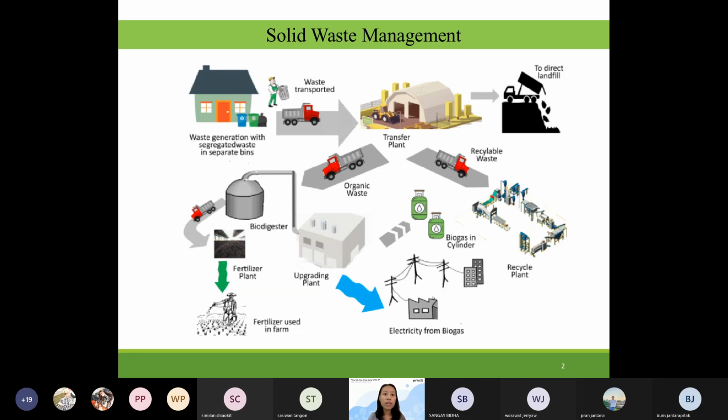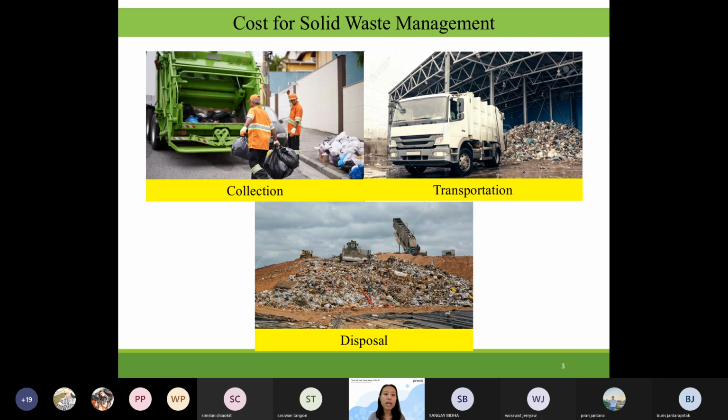Normally, the cost for solid waste management in Thailand is calculated only based on the collection system, and how much we have to pay per month is quite cheap, right? Some plans also include transportation and collection costs for waste management, but the disposal cost is quite expensive.